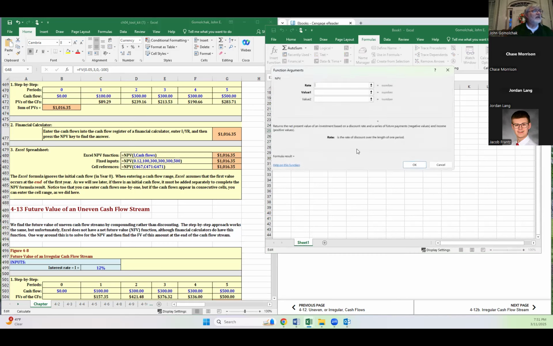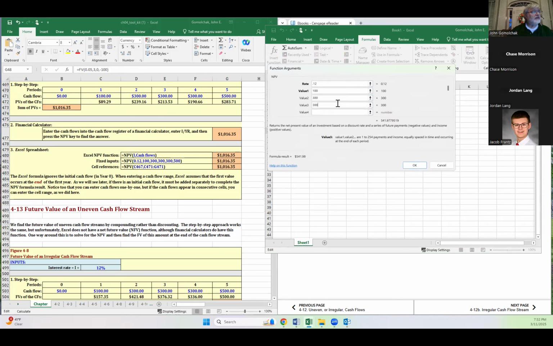NPV, do that again, 12%. Value 1 is 100. Value 2 is 300. Value 3 is 300. Value 4 is 300. How do I get another number? Oh, here we go.